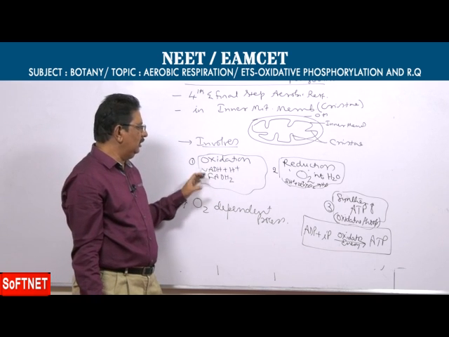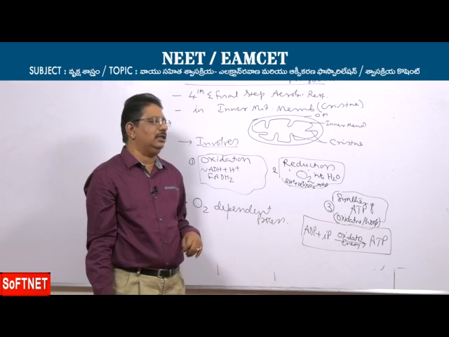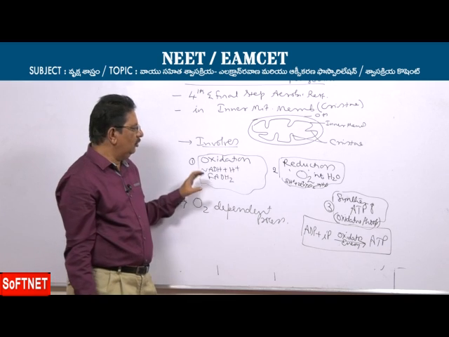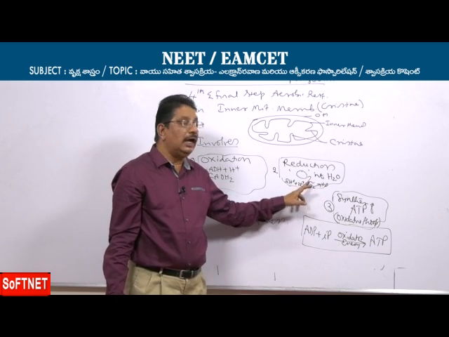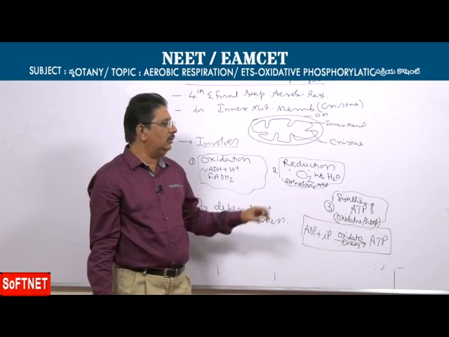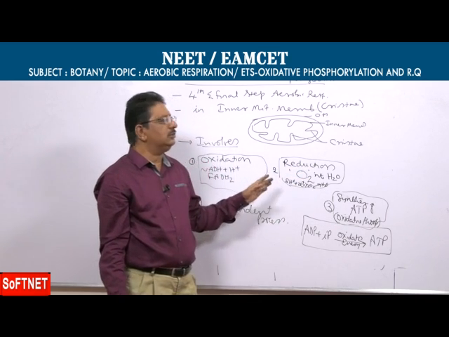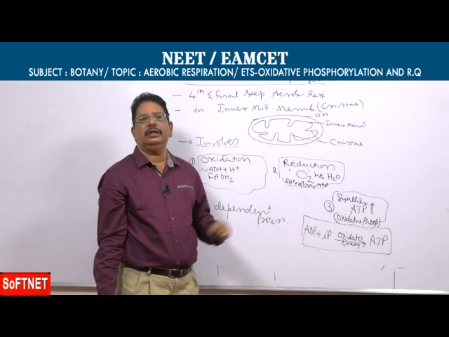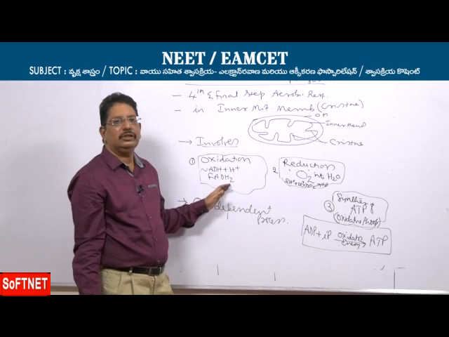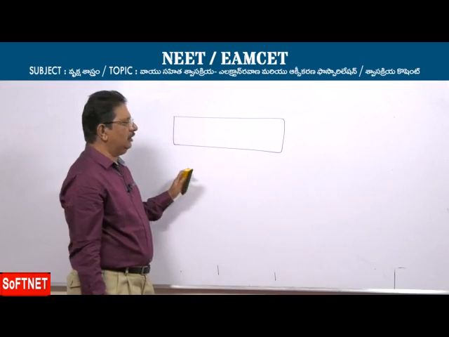That implies NAD plus and FAD plus should be regenerated continuously. For regeneration of these two, hydrogen acceptor availability is important. So, O2's role, though it is evident in the last step, has an important role in the completion of aerobic respiration. So, let us see another aspect.